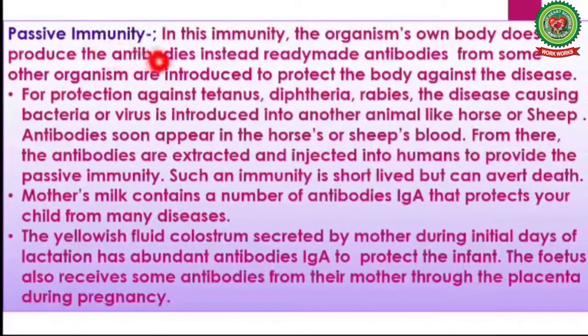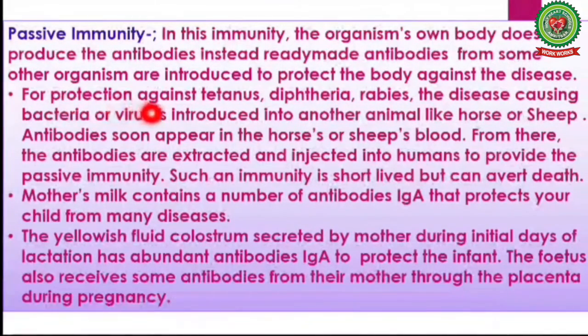Next is passive immunity. In this immunity, the organism's own body does not produce the antibodies. Instead, ready-made antibodies from some other organism are introduced to protect the body against the disease.